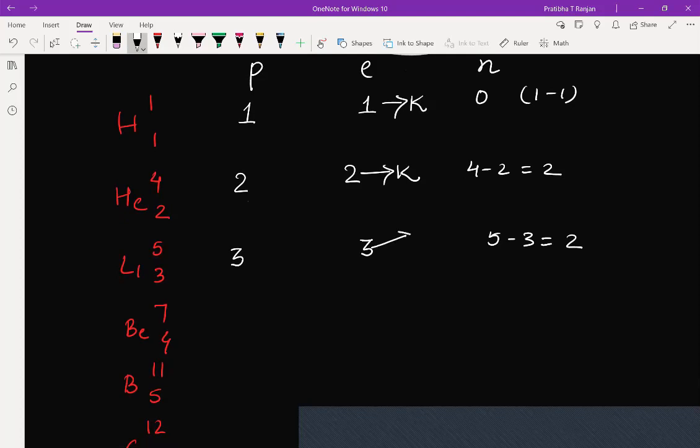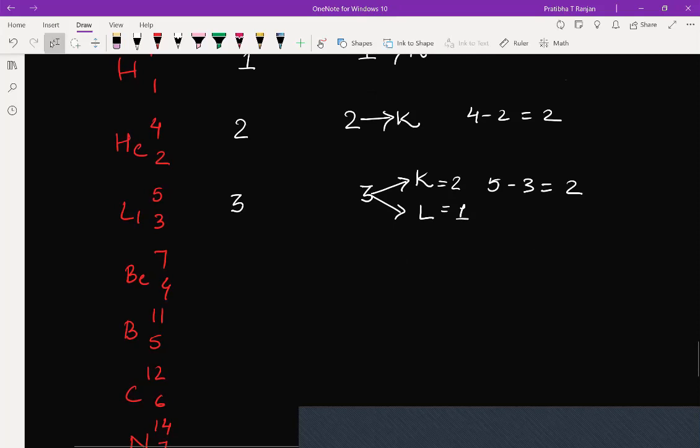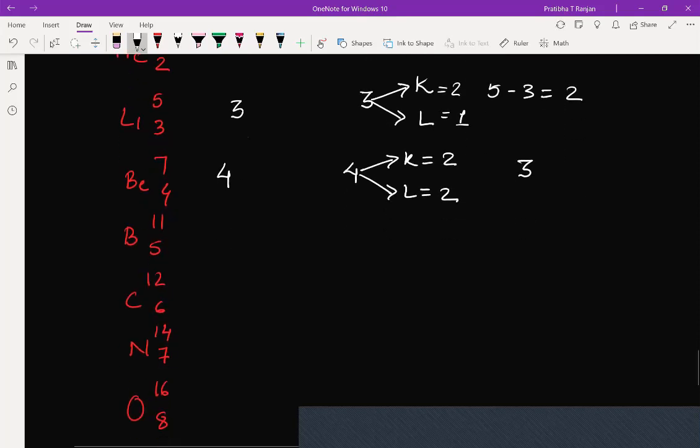Now here, look, division is started. K can take 2, so 1 is left, so 1 will go to L. So K has 2 and L has 1. Then come to beryllium, 4. This is also 4, and this will be 7 minus 4, that is 3. Now here, 4: K will take 2, L will also be 2.